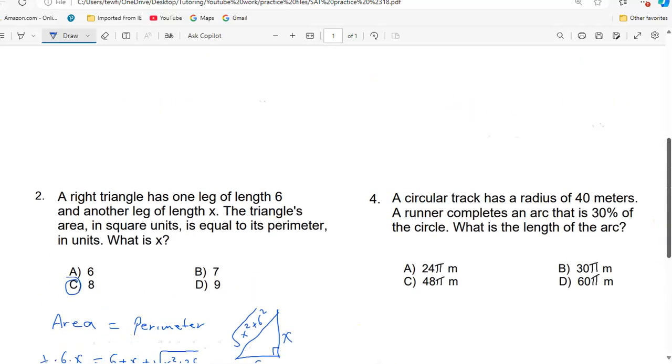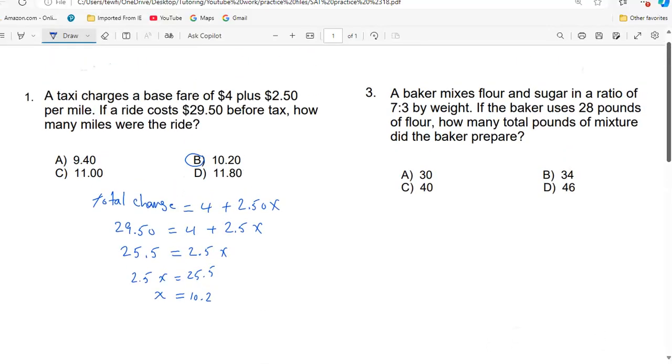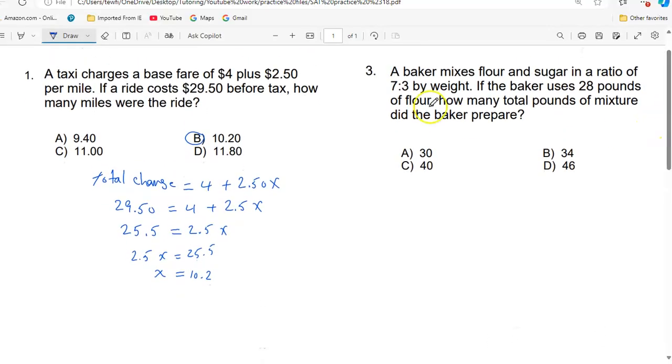Okay, let's go to this problem. A baker mixes flour and sugar in a ratio of 7:3 by weight. If the baker uses 28 pounds of flour, how many total pounds of mixture did the baker prepare?